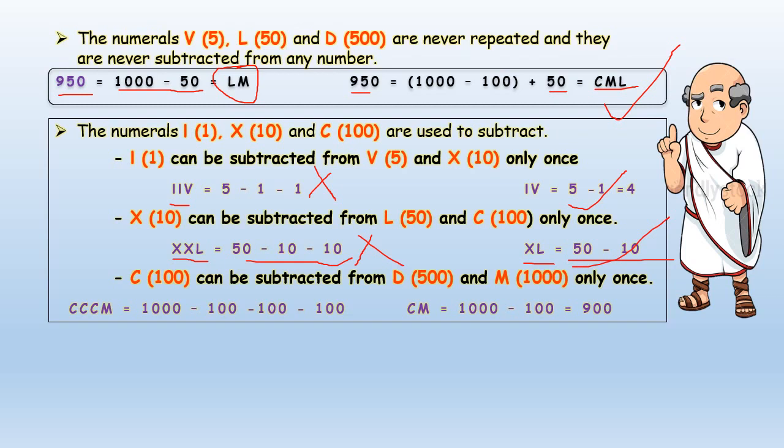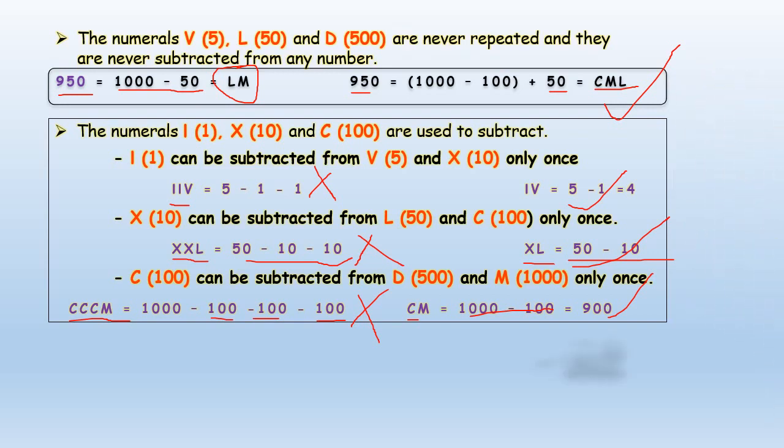Now the last of this part, the 6th rule: C, that is 100, can be subtracted from D, that is 500, and M, that is 1000, only once. So CCM, which is 1000 minus 100 minus 100, is wrong. Why is this wrong? Because we are allowed to subtract only once. So CM is right: 1000 minus 100, which is equal to 900.